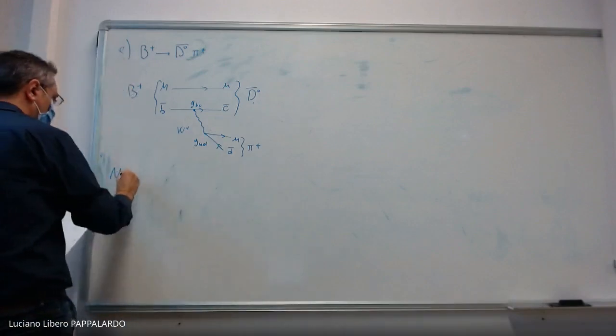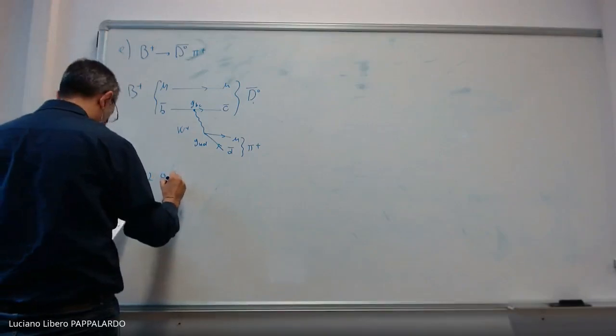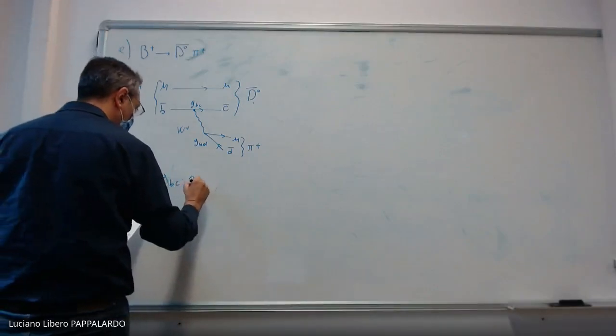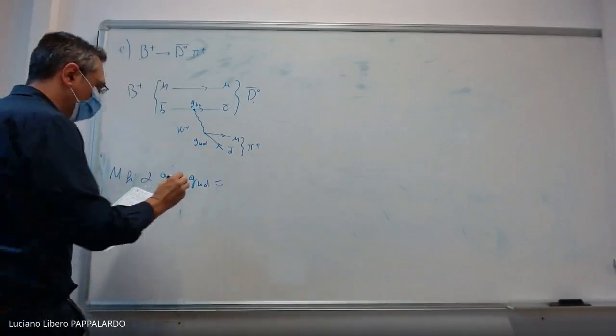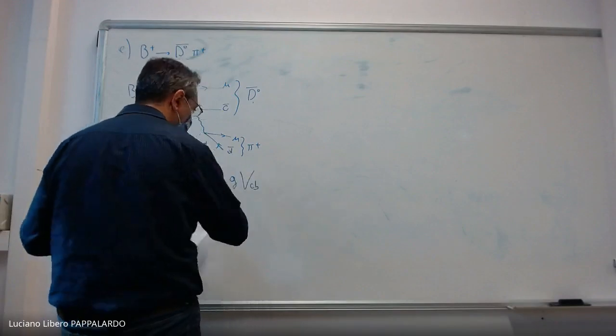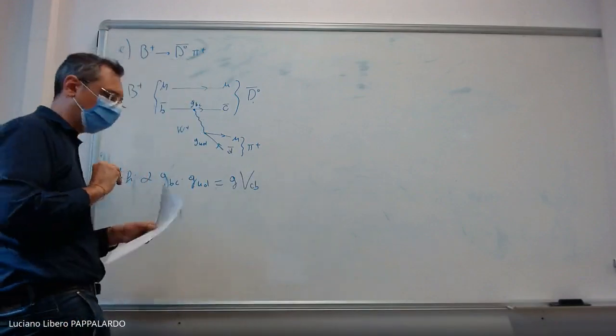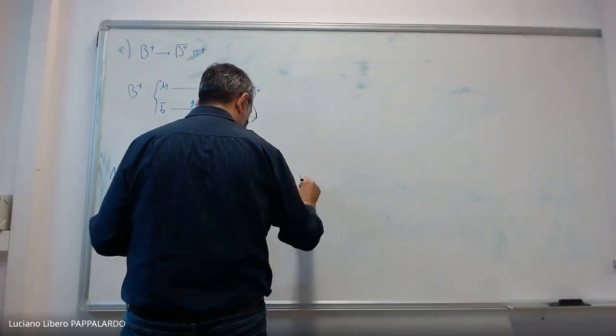So the matrix element proportional to G_bc times G_ud. So this is proportional to G and the Vcb matrix element of the CKM matrix times G Vud.